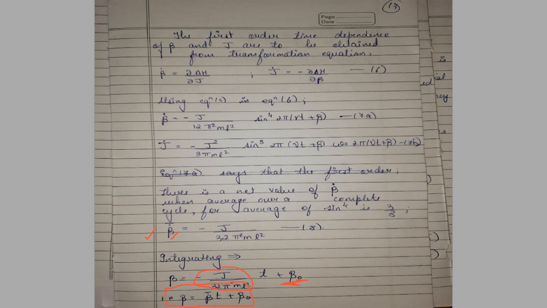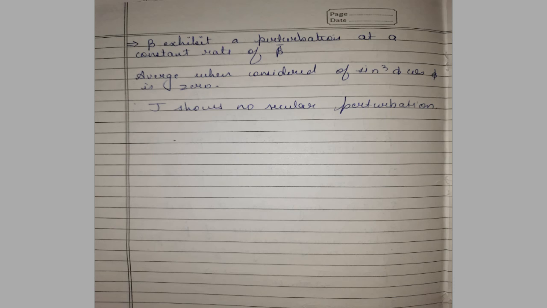Same you can do for j dot also, but the trick is, when you take an average of this quantity for a particular cycle, it comes out to be 0. Hence j dot comes out to be 0. Thus there is no change in j, and hence j shows no secular perturbation.